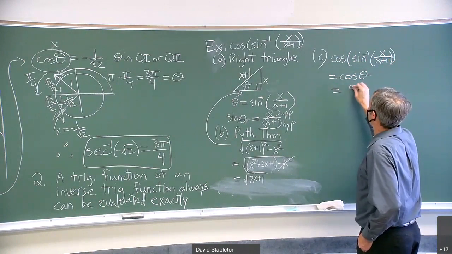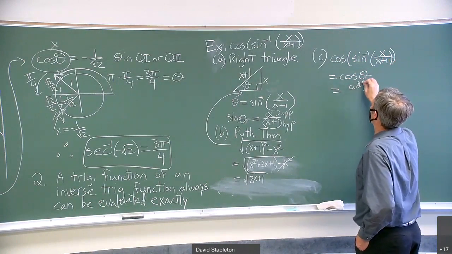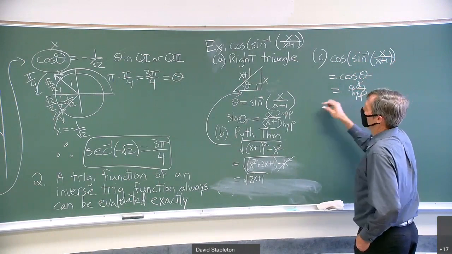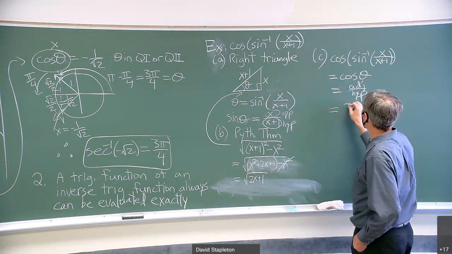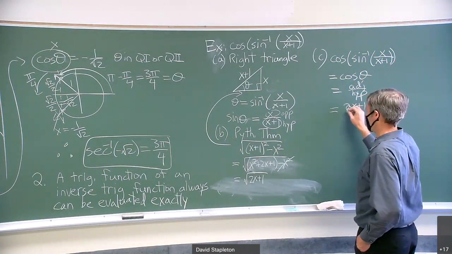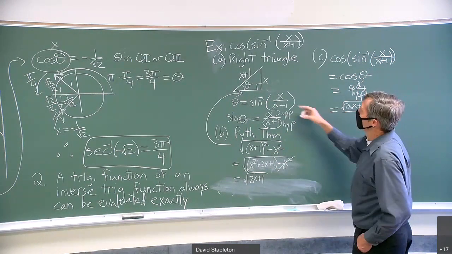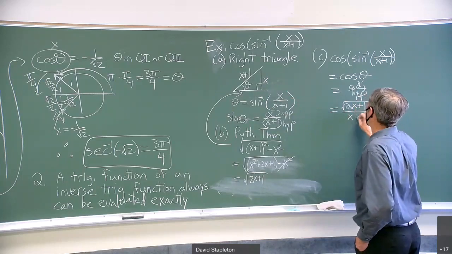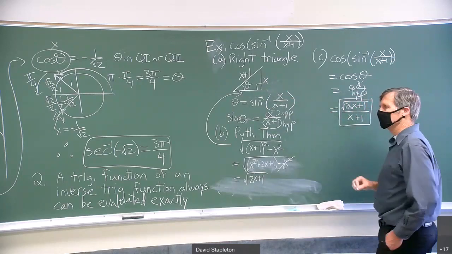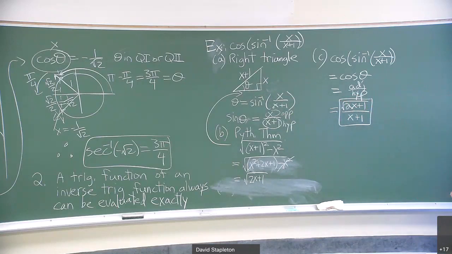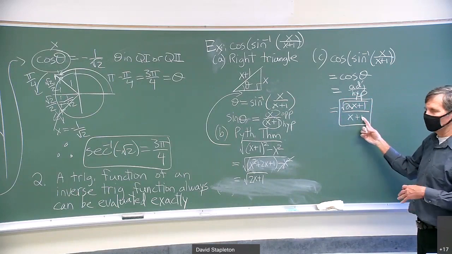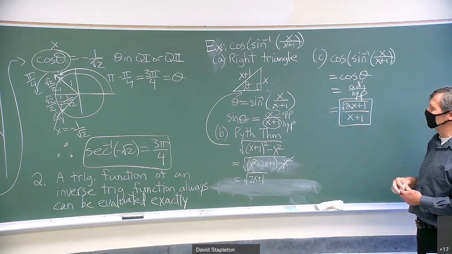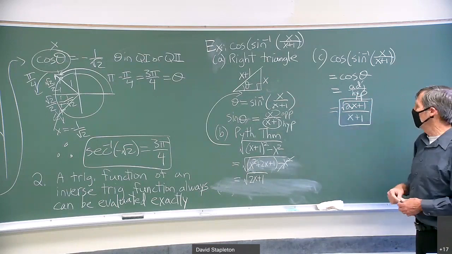But the cosine is the adjacent side over the hypotenuse, that's the square root 2x plus 1 over the hypotenuse x plus 1. There we go, exactly the cosine of the arc sine for whatever x is. How about that? Amazingly, these trig functions of inverse trig functions always come out to be algebraic expressions of the original number there.